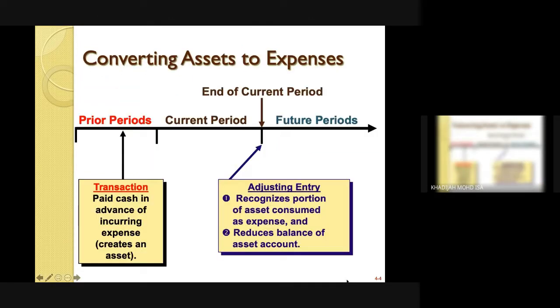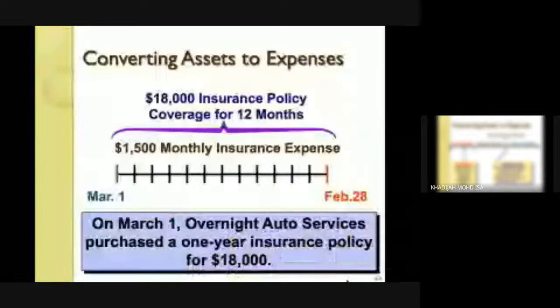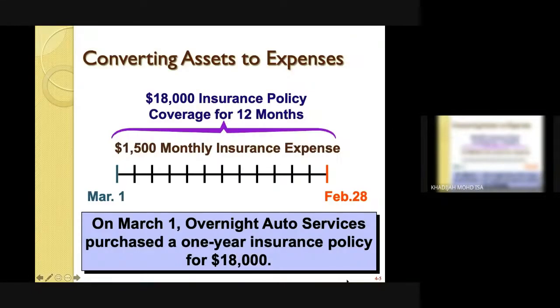All right, converting assets to expenses: you pay cash in advance for expenses. So you do adjusting entries at the end of the current period. You recognize the portion of the asset consumed and reduce the balance of the asset account. Here is an example.